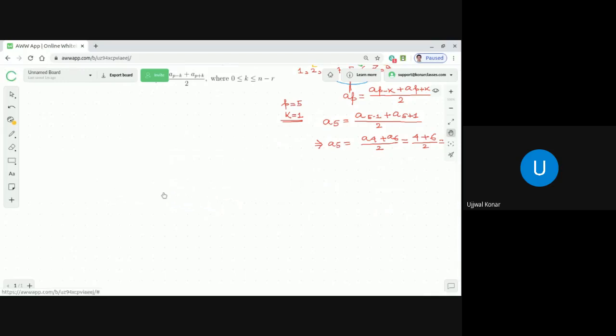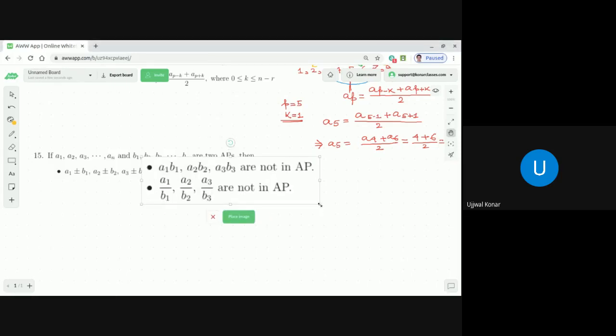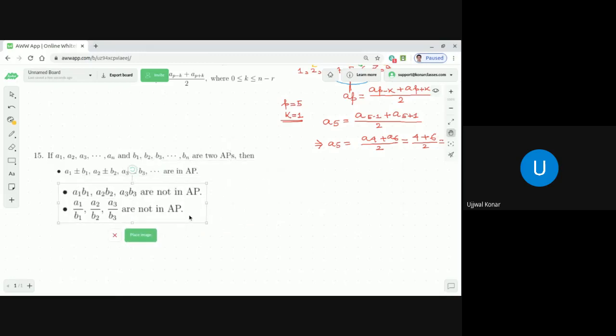Let me place the note properly. So what it says is that if A1, A2, A3 up to AN and B1, B2, B3 up to BN are two APs, then A1 plus minus B1, A2 plus minus B2, A3 plus minus B3, all these things are in AP. And also, two more conclusions we can take: A1 into B1, A2 into B2, A3 into B3, they are not in AP.